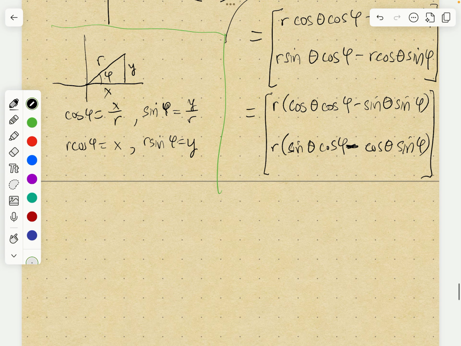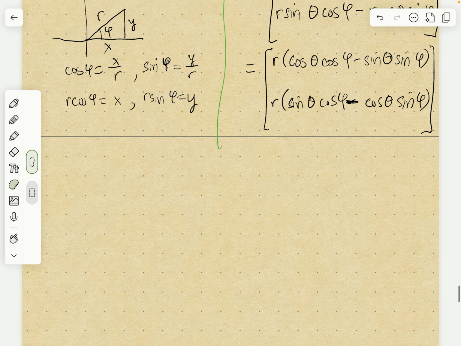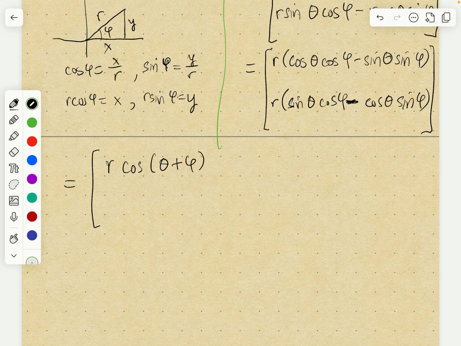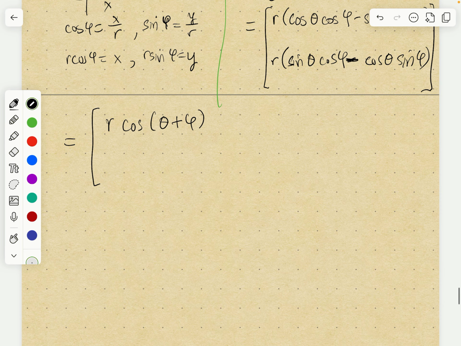And now, do you remember these trig identities? It turns out that the first one is r times cosine of theta plus phi. And then the second one is r times sine of theta plus phi.